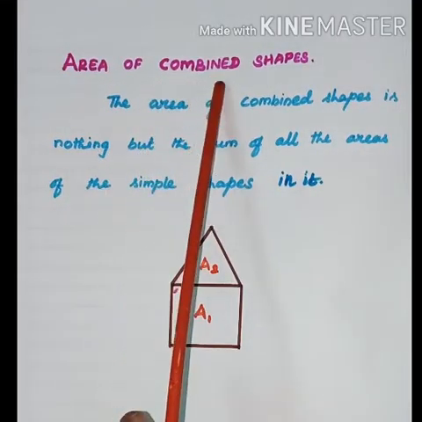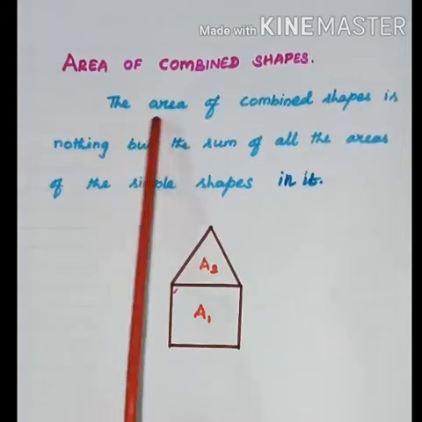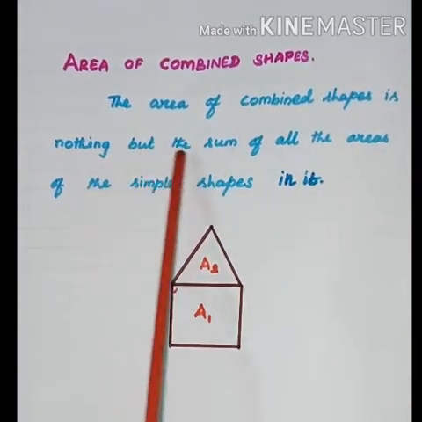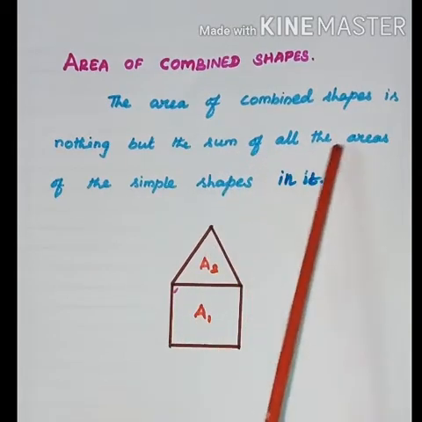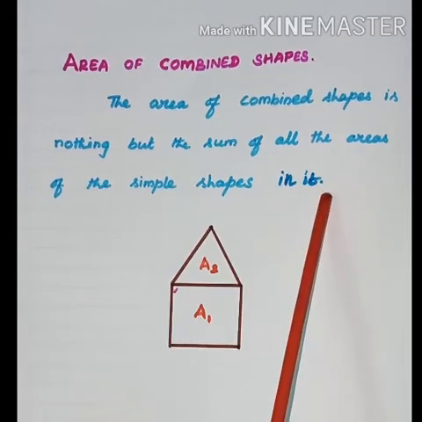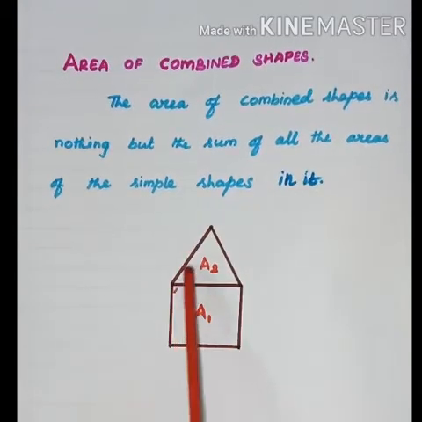Area of combined shapes. The area of combined shapes is nothing but the sum of all the areas of the simple shapes in it. Let us consider this example. In this combined shape, we have to find the area of the combined shape.